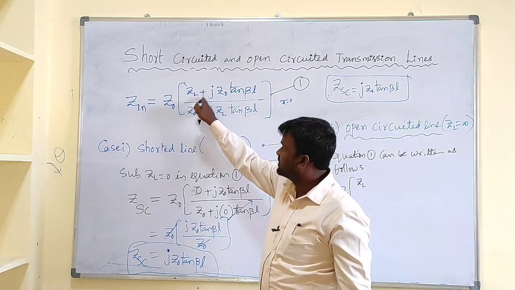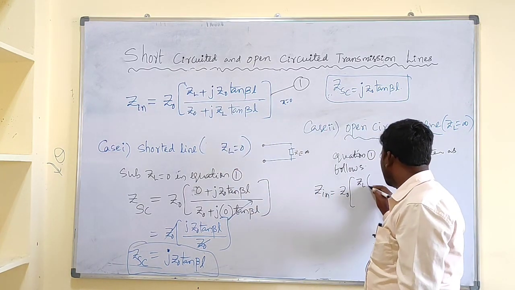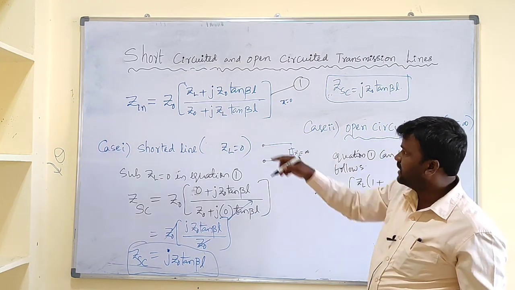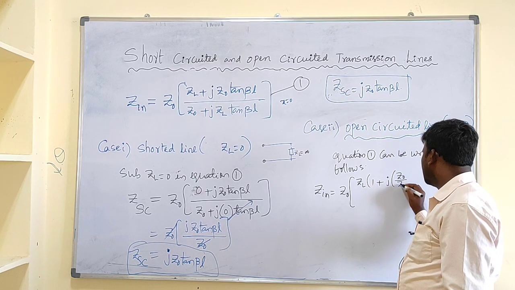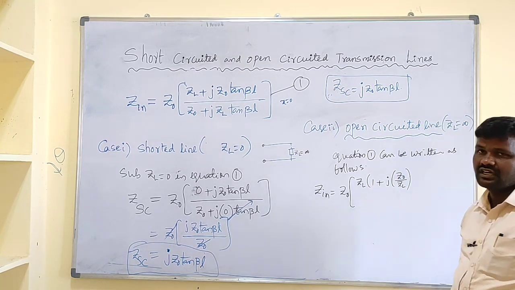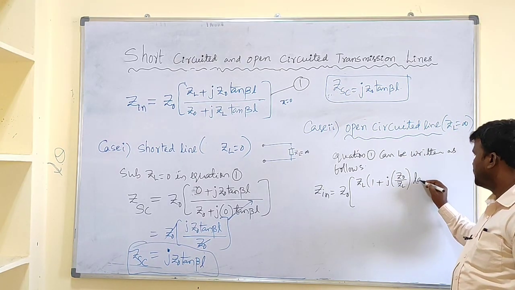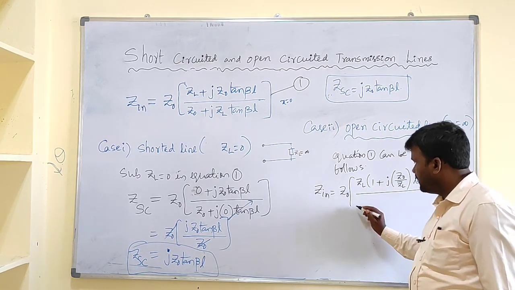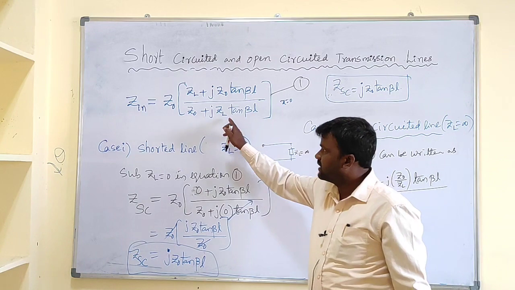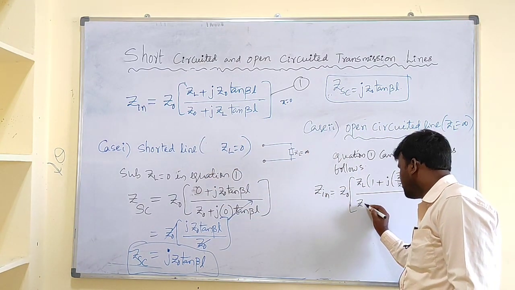If I take ZL as common here, it is 1, ZL into 1 gives ZL, and here we can write J Z0 by ZL into tan beta L, divided by, in the denominator also we need to take ZL as common.